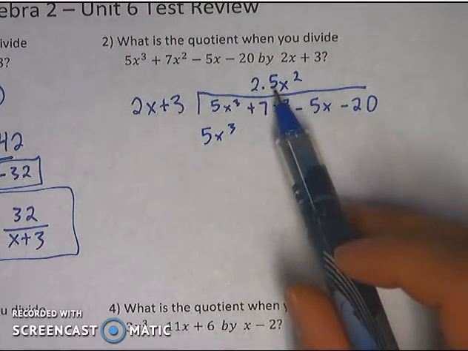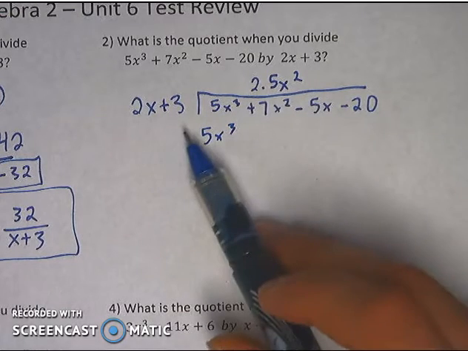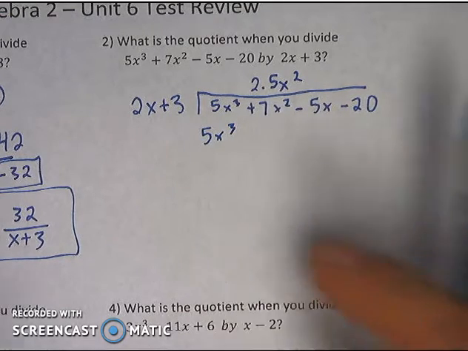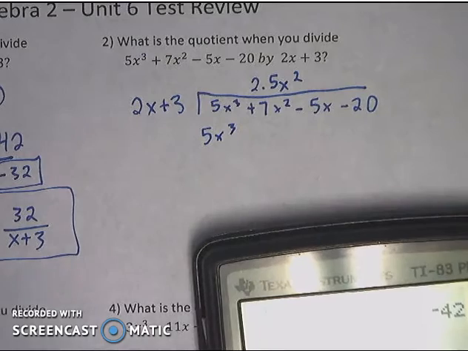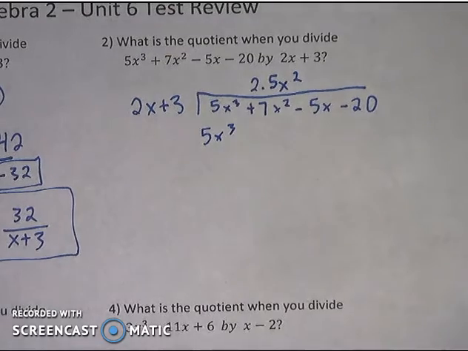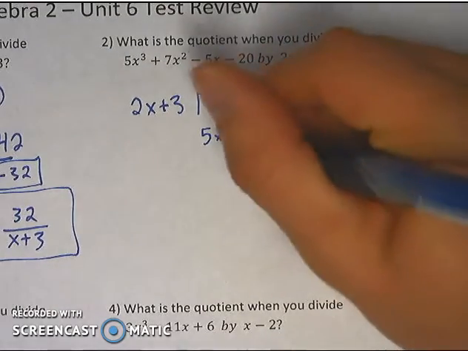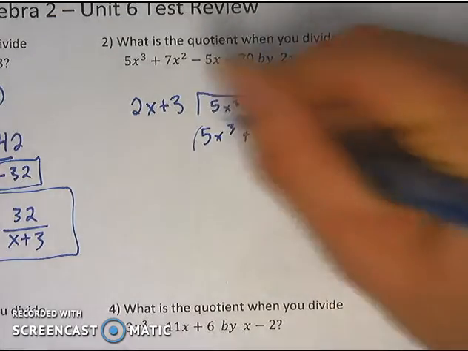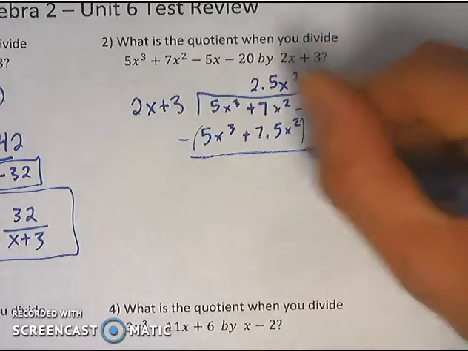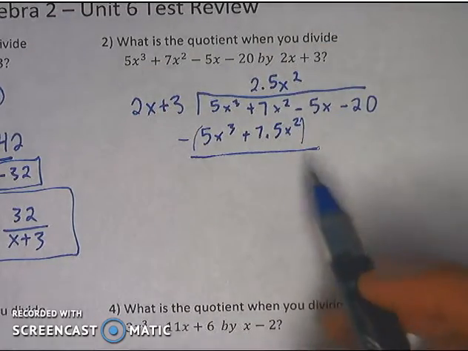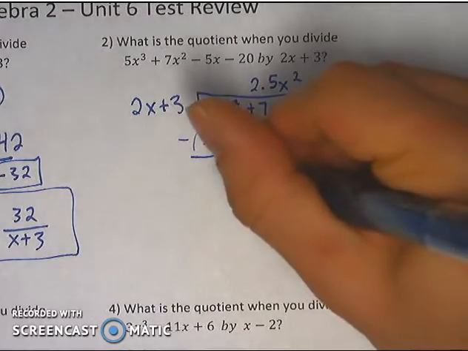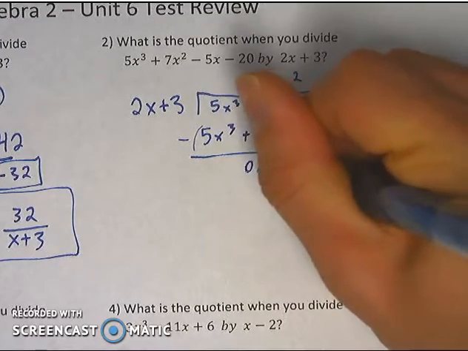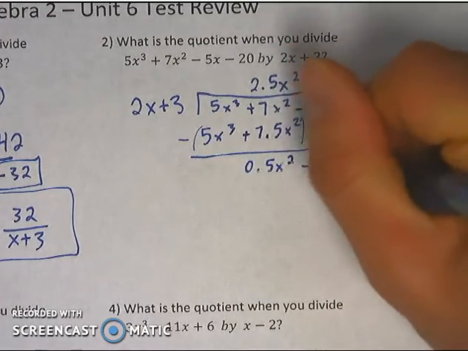And 2.5x squared times 3, well, let me cheat. 2.5 times 3 is 7.5, positive 7.5x squared. I'm going to take those and I'm going to subtract them. So when you subtract those, you've got left over 0.5x squared, bring down the negative 5x.